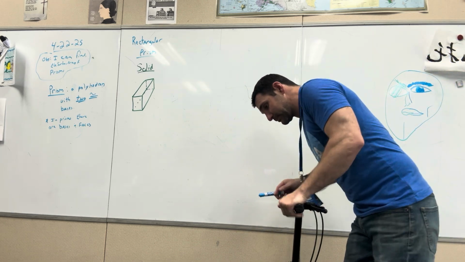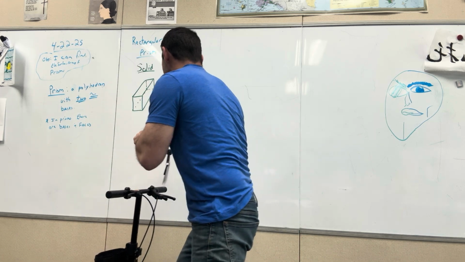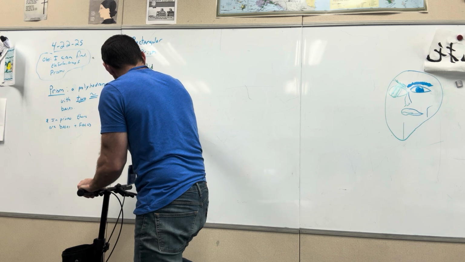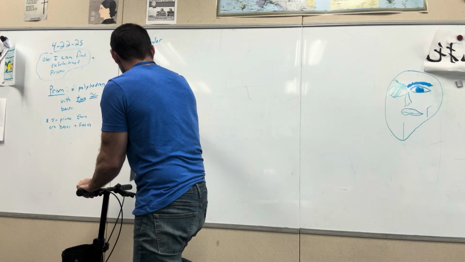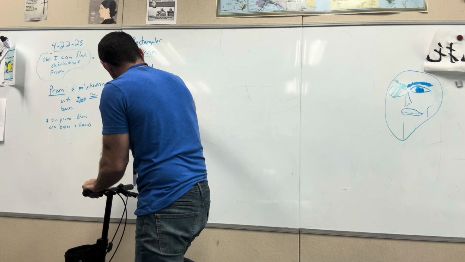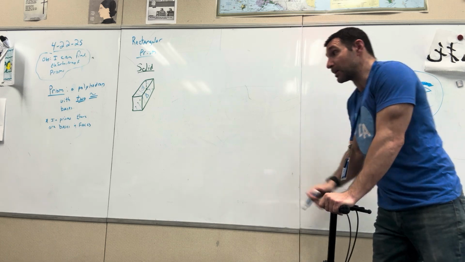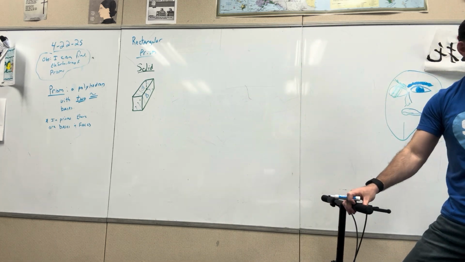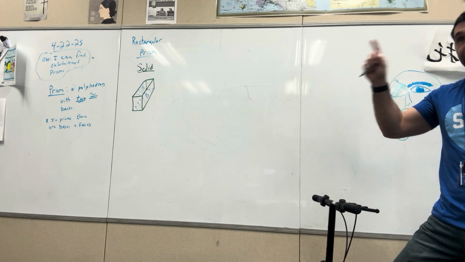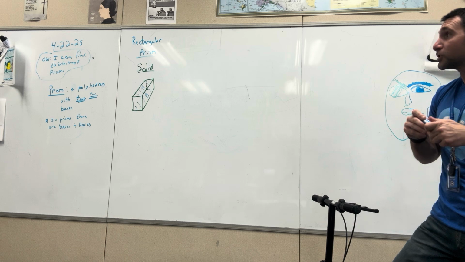So in this case, my bases are the congruent things: this bottom here and this top here. The top of a box and the bottom of a box are the congruent sides. In a rectangular prism though, the opposite sides are always congruent. Okay, so that's a solid.